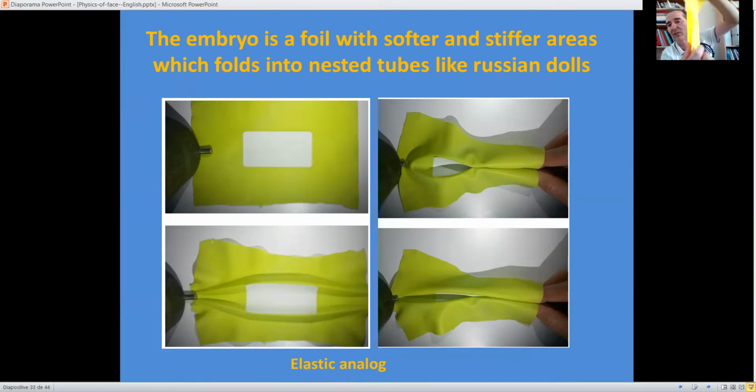You have a stiff area inside a softer area, and so when you pull on that, it's not easy to do live, but when you pull on that, the folds are, so to speak, refracted. I mean, they follow the edge of the stiffer area. And this is how you generate a stiff tube surrounded by a softer tube. But it's tubes inside tubes, like Russian dolls.